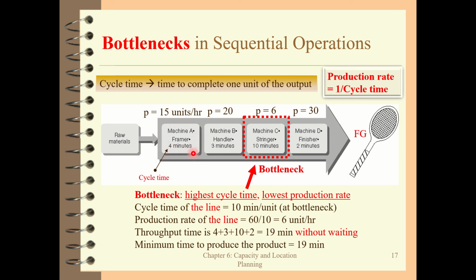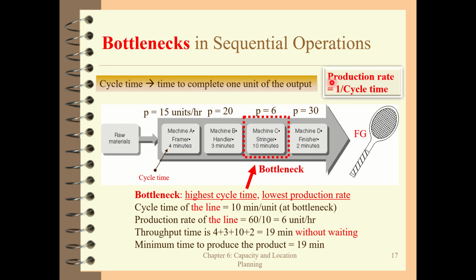Every 4 minutes, the part will pass to the next machine and then go to machine B. The cycle time of machine B is 3 minutes, and then go to machine C, and the cycle time of machine C is 10 minutes, and then go to machine D, and the cycle time of machine D is 2 minutes.